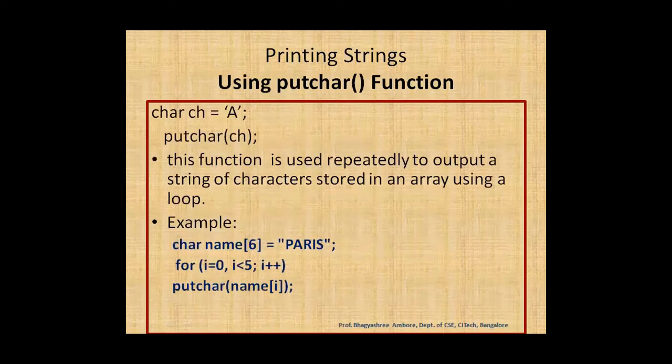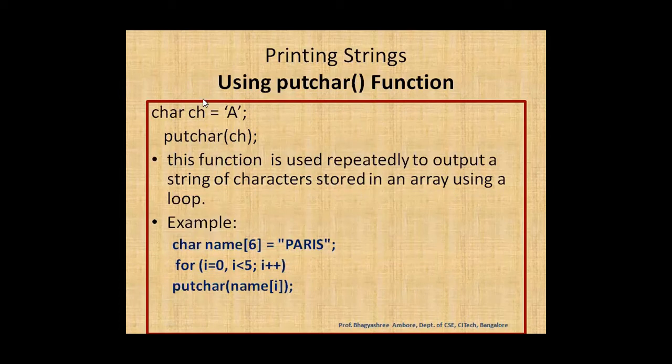We'll go with the putchar function. I'll take a character ch and assign the value a to ch. Then putchar(ch). What will be printed? A will be printed on the screen. What is the meaning of this? This function is used repeatedly to output a string of characters stored in an array.